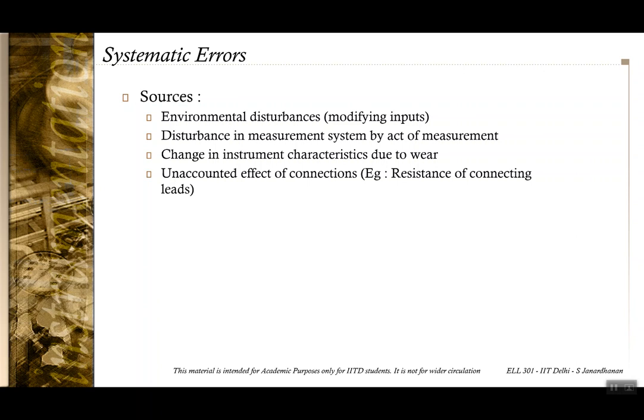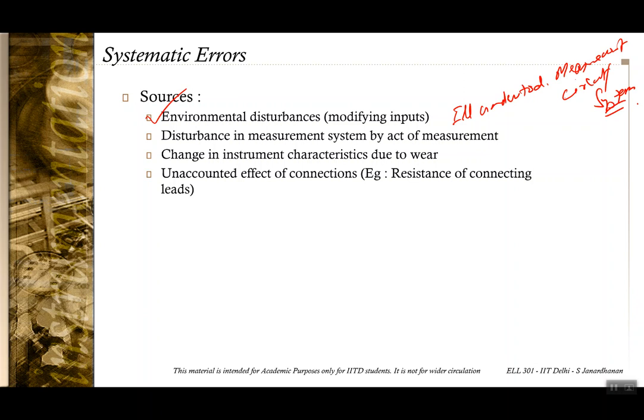One is by environmental disturbances or modifying inputs, that is, when you have an ill-understood measurement circuit or system. So you have not accounted for all the possible effects that can happen in that system when you're making the measurement. Okay, so that is one case.